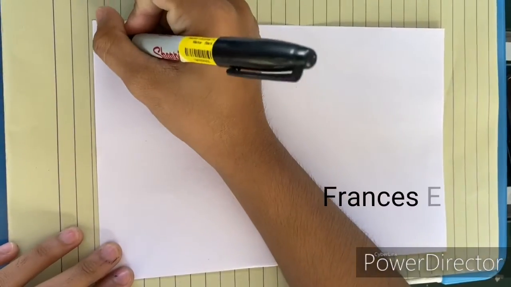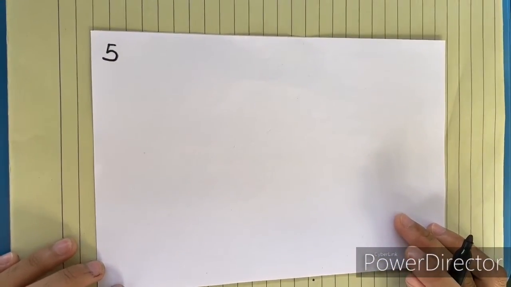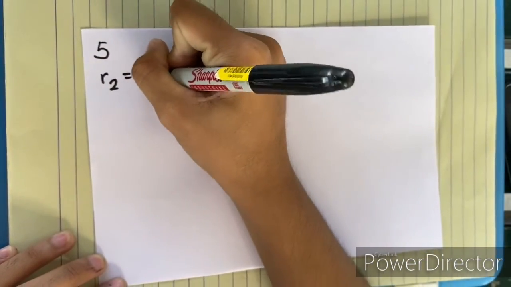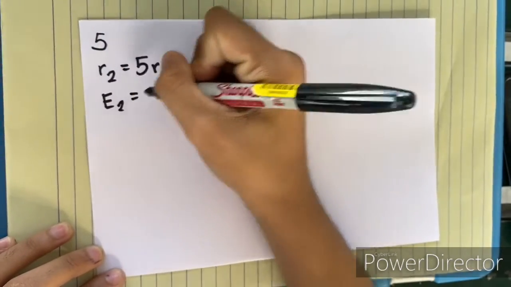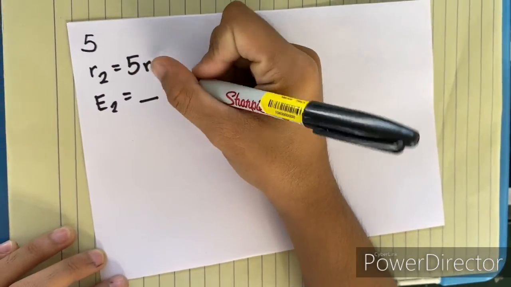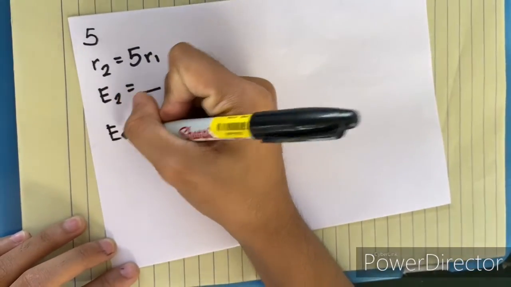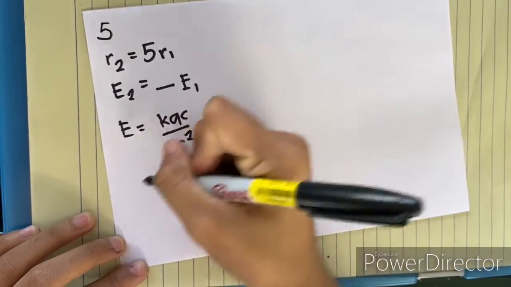If a test charge is moved to a location 5 times as far as its original location, how does the electric field change? So let's write r2 is equal to 5r1. E2 is equal to blank times E1. So E is equal to kQ over r squared.